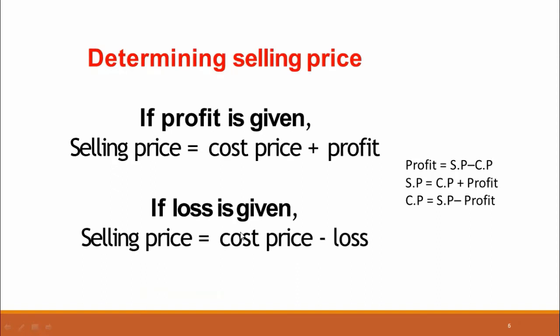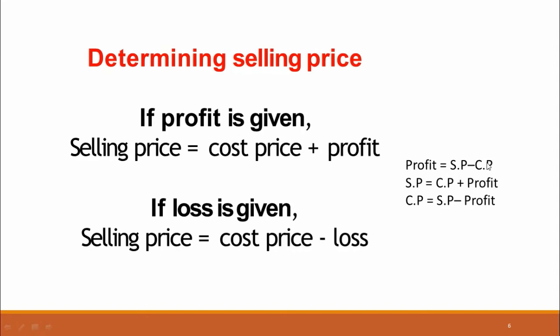Now, how to determine the selling price if profit is given? For the formula, we have profit equal to selling price minus cost price. So selling price can be found by cost price plus the profit. This is the fundamental formula of profit. Profit is equal to selling price minus cost price.